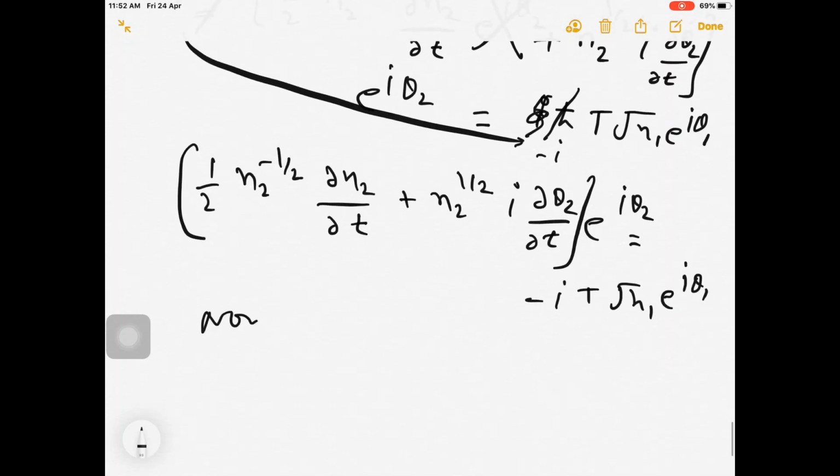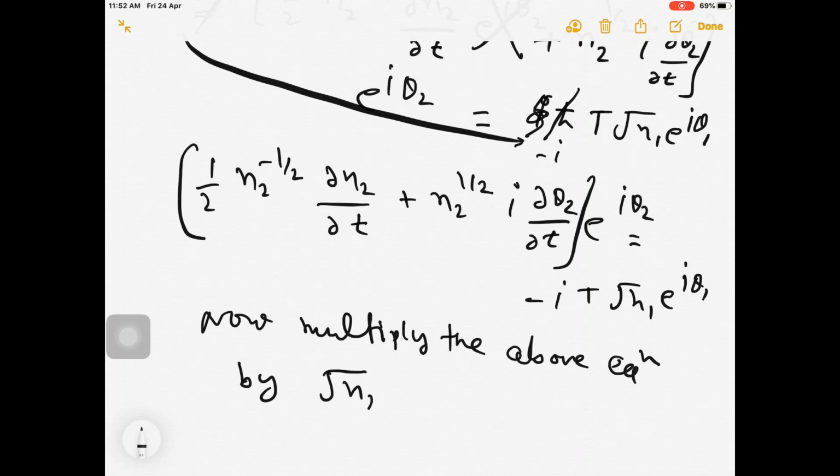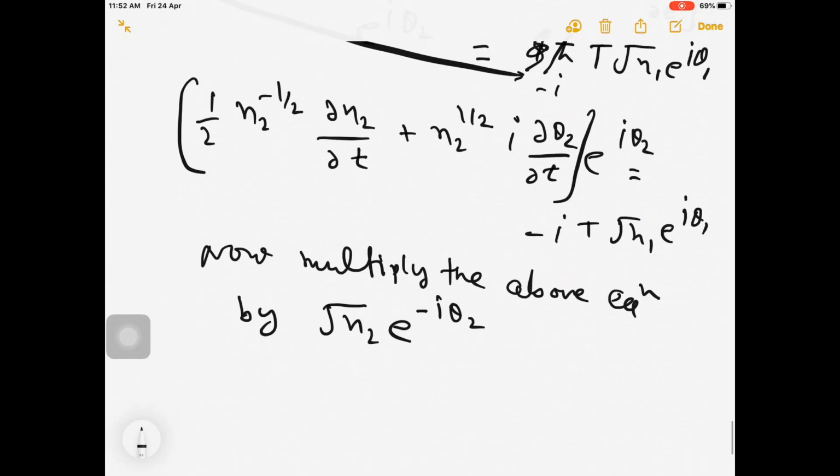Now multiply the above equation by under root n2 exponential minus iota theta 2.